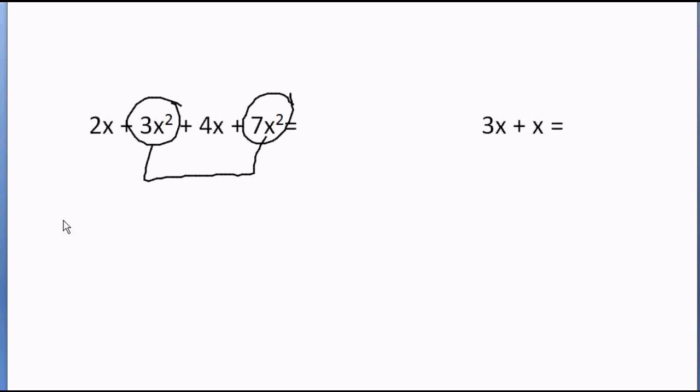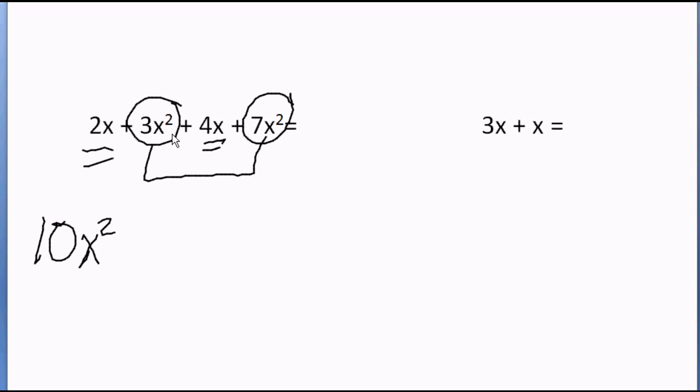3x squared plus 7x squared: 3 plus 7, add the numbers in front, is 10. Then, don't change the stuff after the number. X squares stay as x squares. When you're adding and subtracting, you're only adding the numbers in front. You're not changing the letters after it.